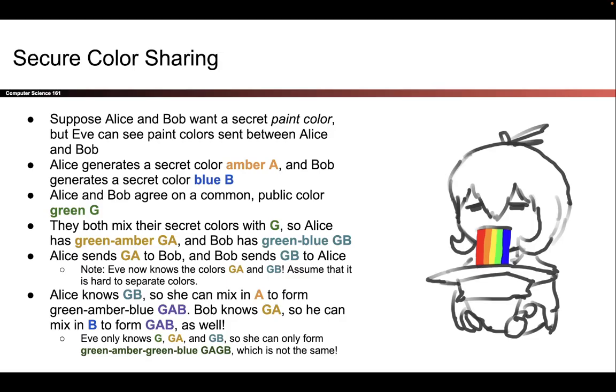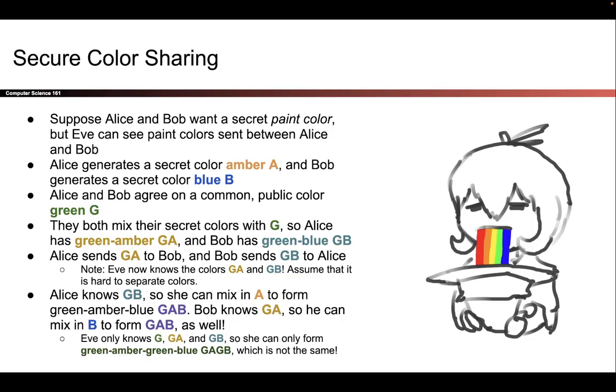Also, Alice, Bob, and everyone else knows about some common public color, which here is green. Now, when they exchange their secrets to each other, they're going to first disguise the secret using the common color. So instead of Alice directly sending amber across the public channel, she will first disguise it with green to send green amber, GA, across the channel.